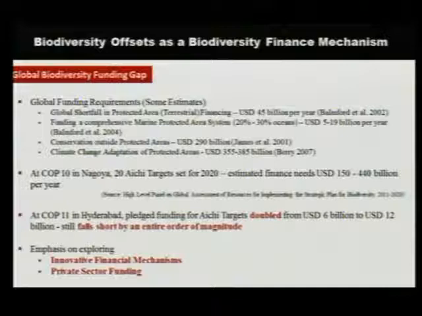The pledge was doubled from 6 billion to 12 billion at COP11 in Hyderabad. But as you can see, compare 12 billion with 440 billion, short by an entire order of magnitude. So where will the rest of the funding come from? It's because of this funding gap that the CBD decided to explore innovative financial mechanisms and private sector funding.